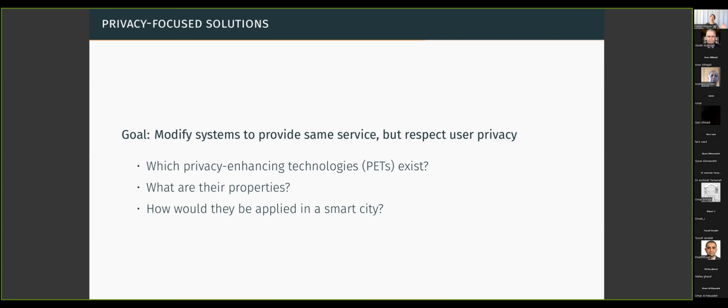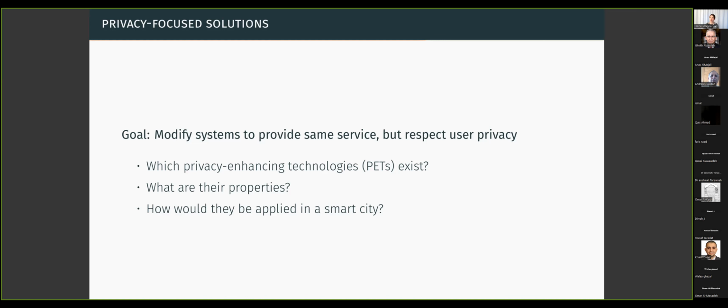So we don't want to have a lesser service. We still want the same service quality, but we also want privacy at the same time. So to do this, there are some privacy enhancing technologies that have been proposed over the years.